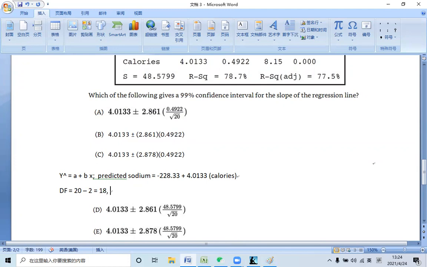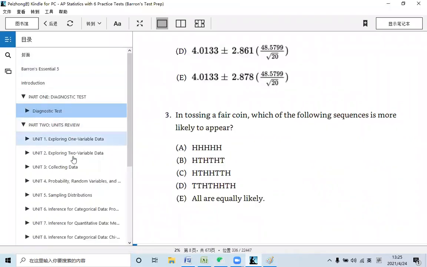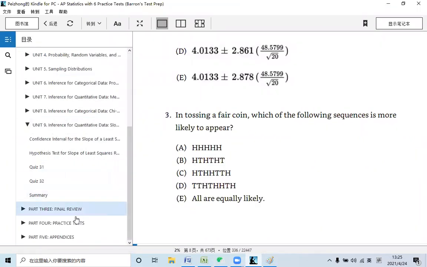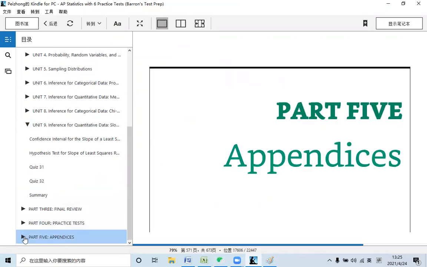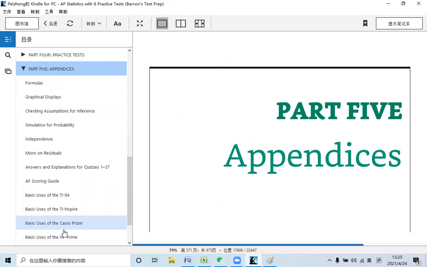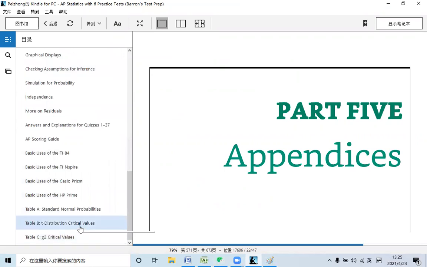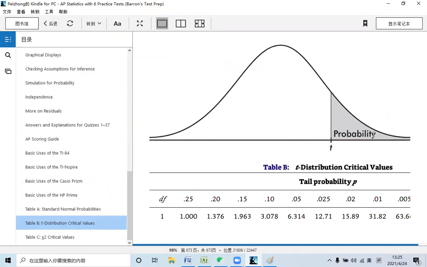And the confidence level is 99%. So it's 0.99. Sorry, 0.99, 99%. So we've got to look at the t distribution for the cutoff. Yeah, where's the t distribution? Yeah, t distribution critical values.